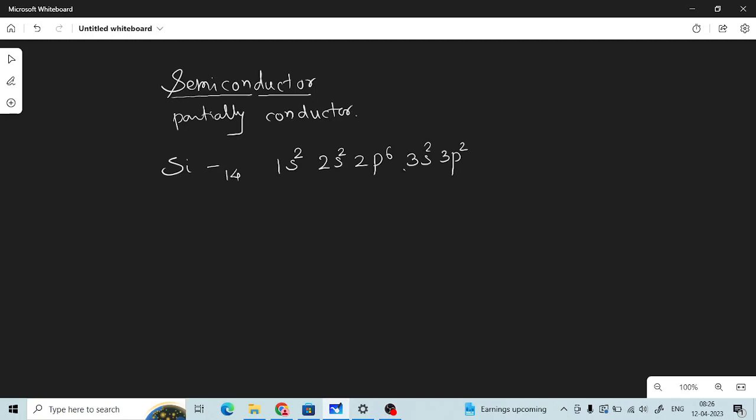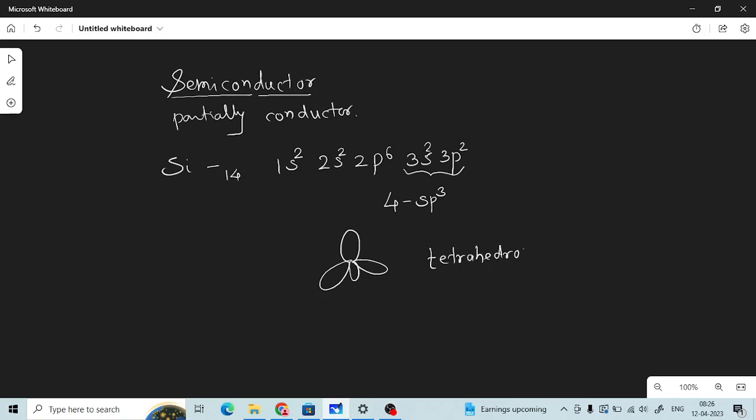Now, these four outermost electrons, the s and p orbitals get mixed up as sp3 hybrid orbitals. So we will have a total of 4 sp3 hybrid orbitals, and we have seen in the previous class that these 4 sp3 hybrid orbitals are in the shape of a tetrahedron.